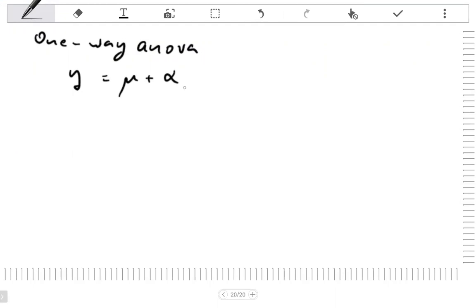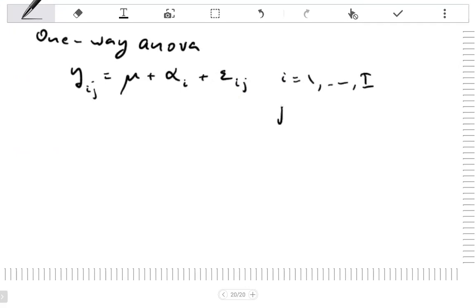So there is some factor here which is discrete, can take on one or more levels, and that has an effect on the outcome. And then we have some measurement variation, and we have a number of these groups, two or more, and then we have measurements within each group. And we're just going to assume that there's a fixed number of measurements in every group for now.